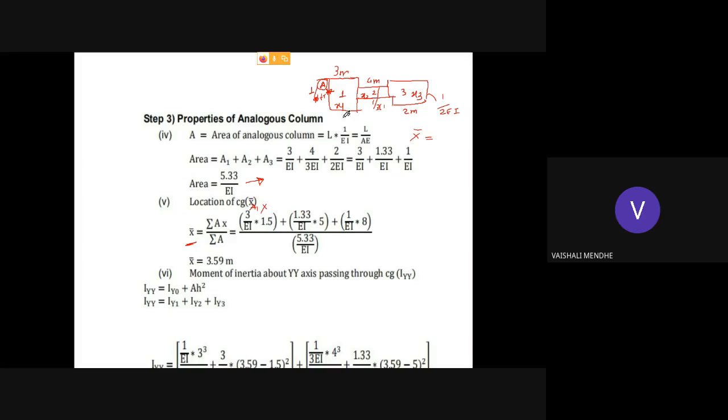तो A1 is area 3 by EI into x1 पहला रेक्टेंगल 3 by 2 that is 1.5 plus A2 into x2, area of second rectangle that is 4 by 3, so it is 1.33 by EI into 5। अभी 5 कैसे आया, सेक्शन आपको रेफरेंस लेना है पॉइंट A, तो पहले रेक्टेंगल 3 प्लस 4 बाय 2, तो ये आएगा 3 plus 4 by 2। ओके, so 3 plus 4 by 2 will become 5 plus third rectangle area 1 by EI into CG of the third section from reference A. So 3 plus 4, 7, 7 plus 1 because this is 2, 7 plus 1 is 8.